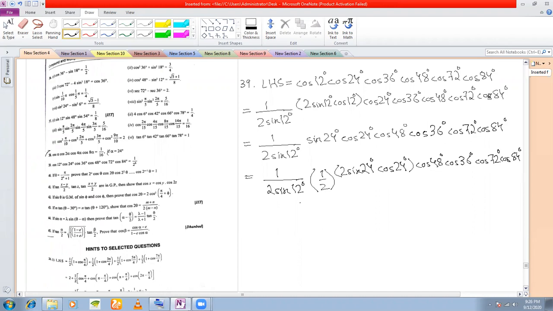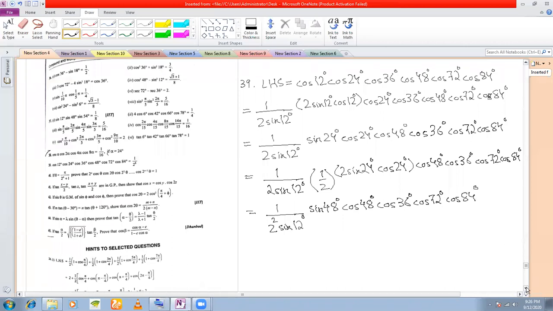So this becomes 1/2 sin 12°, and this 2 sin 24° cos 24° combines to give you sin of double 24, which is 48°, and the others: cos 48°, cos 36°, cos 72°, and cos 84°.